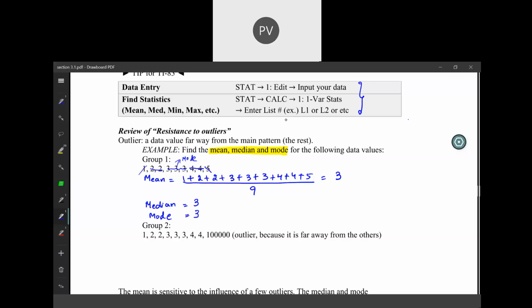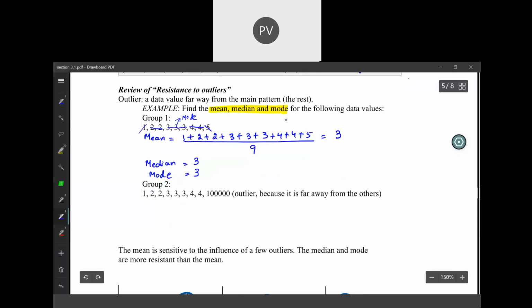Now in example 2, or group 2, as you can see we have the same data set, the only change is the presence of an outlier. Why do I call this an outlier? Because as you can see it is very far away from the rest of the data set.